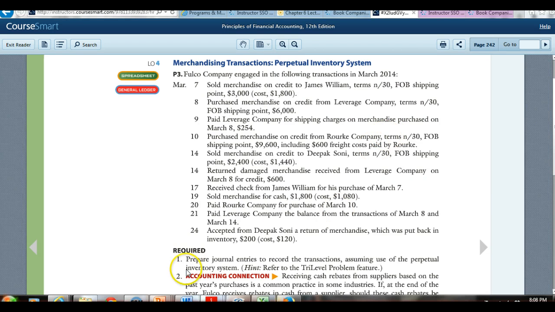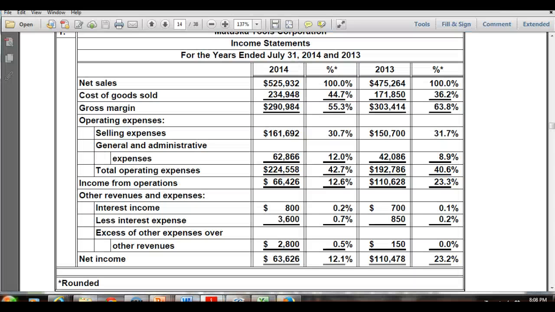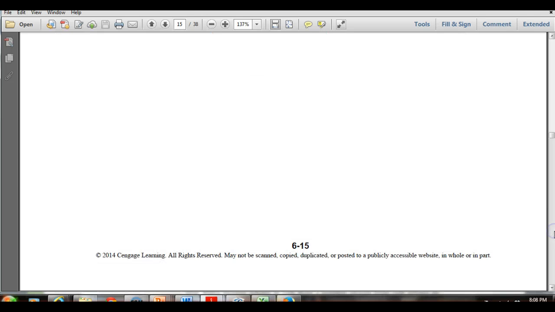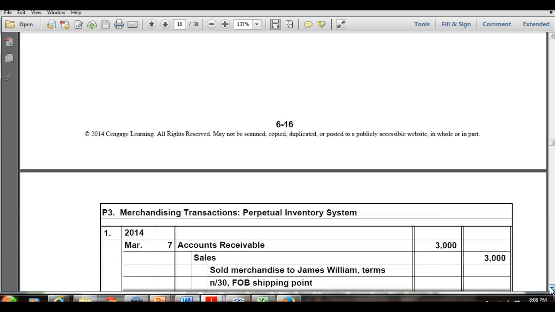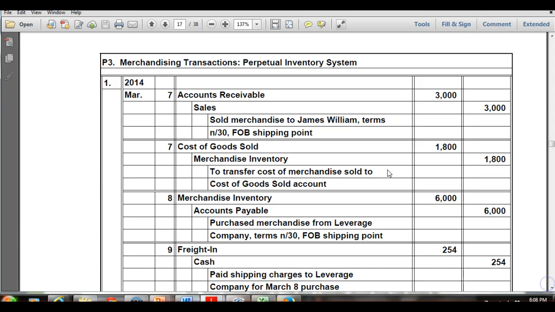The first thing we're going to do, guys, is show the sale of the products. We're going to start by showing a debit to accounts receivable, a credit to sales for $3,000. Then, Celeste, we're going to do a debit to cost of goods sold and a credit to merchandise inventory for $1,800.